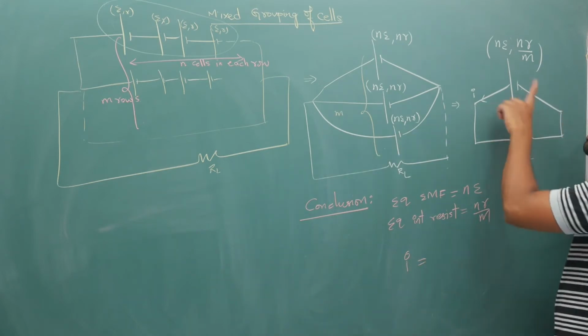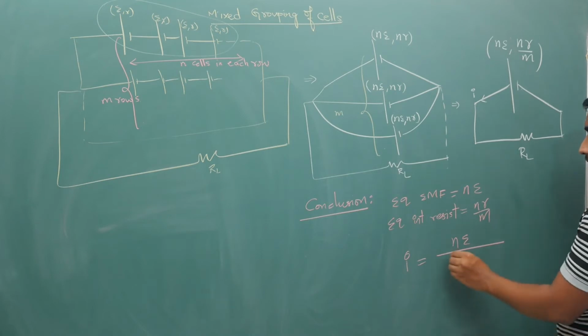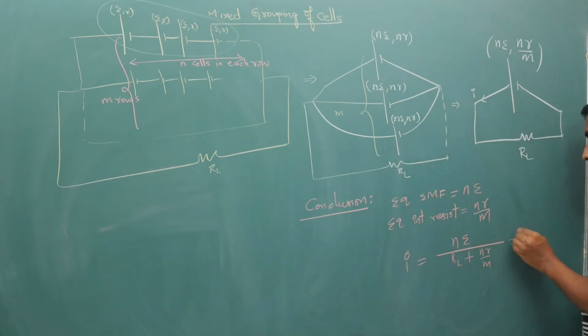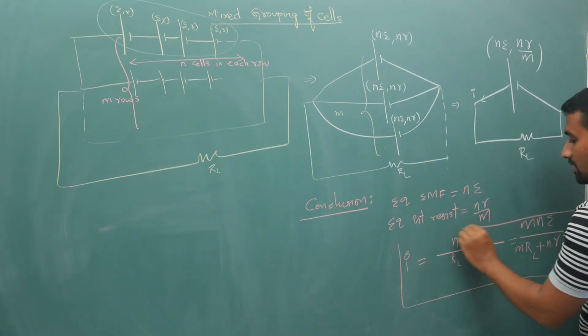If you apply Kirchhoff's law, you get NE by R load plus NR by M. That gives you M into N into E by M times the number of rows times load resistance plus NR. So this is your final current.